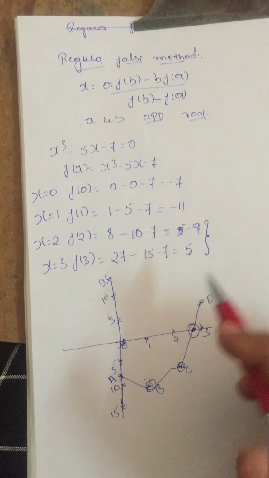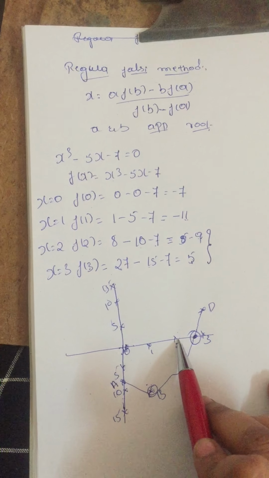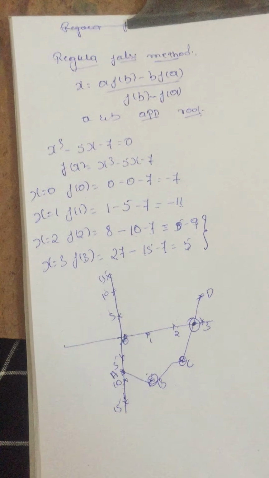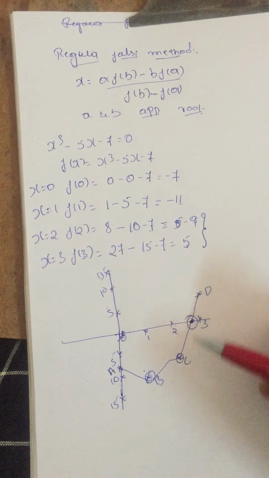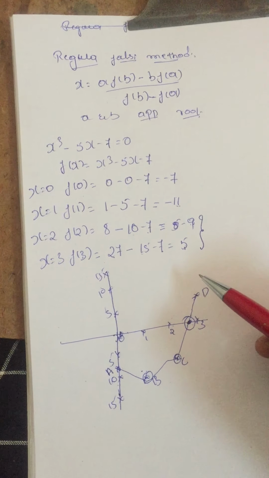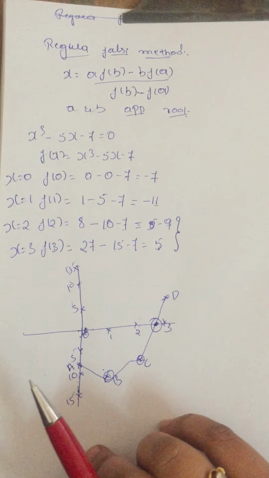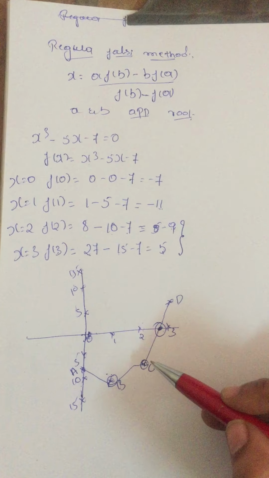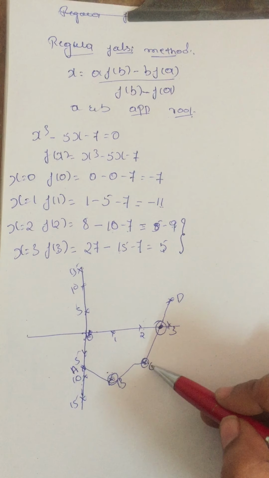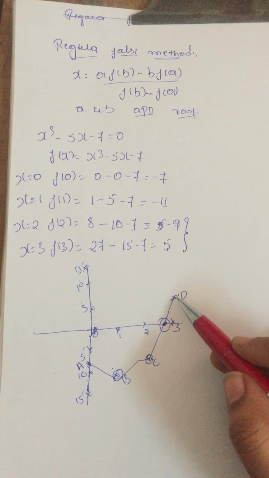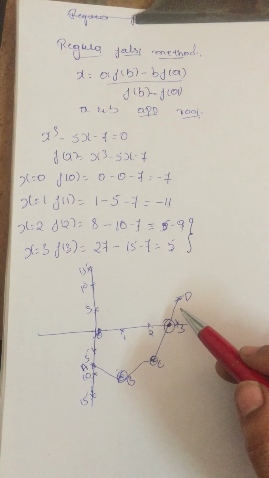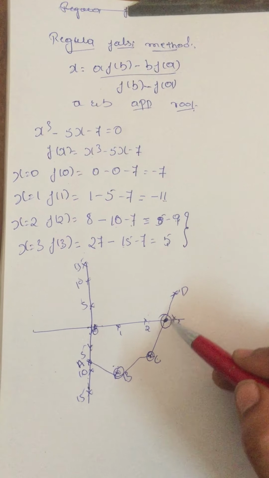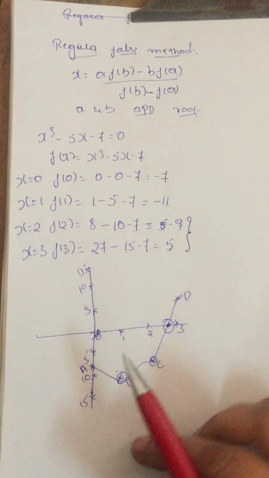So the root lies between 2 and 3. But suppose we directly take the a and b values and simplify, it will go to nearly the 5th or 6th iteration, because the regula falsi method is also an iterative method.